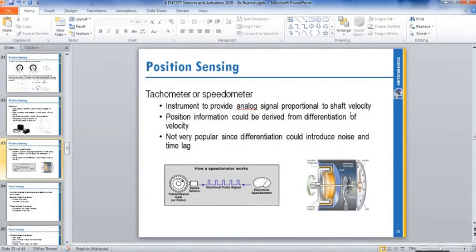If you differentiate again with time, 1 meter per second squared, that one is acceleration. How do you get that value? By differentiation. So you differentiate by time, you get velocity.